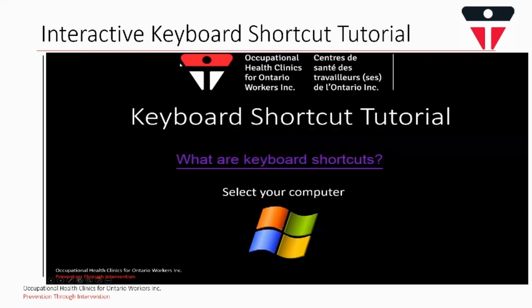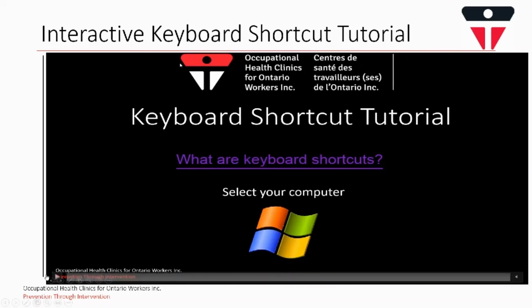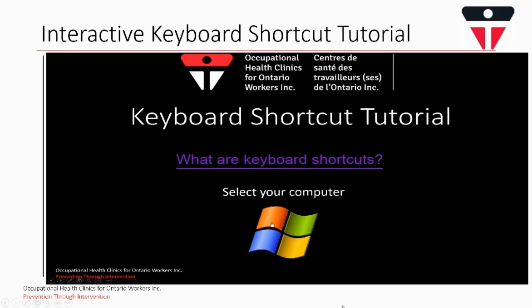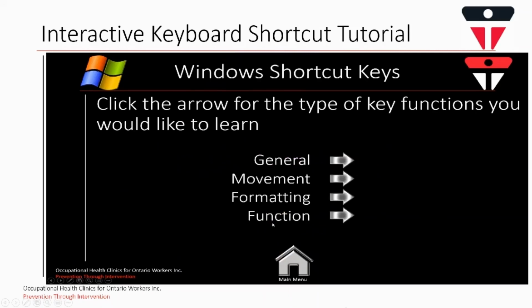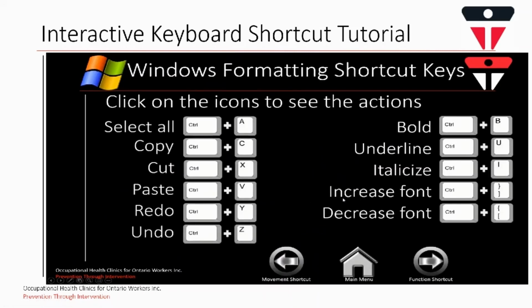So here's an example of the tutorial in place. You first want to select your type of computer, and say you want to learn about formatting. And we want to learn about the underline shortcut.